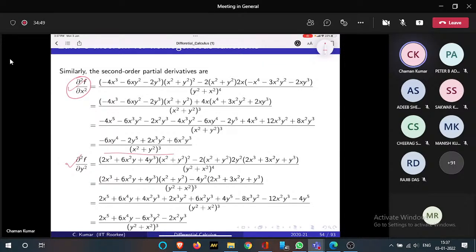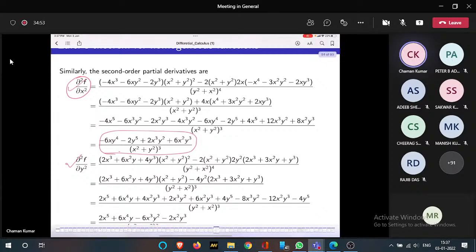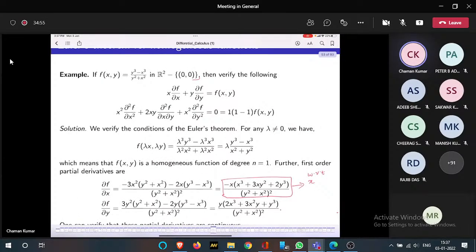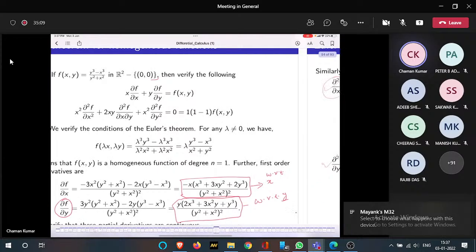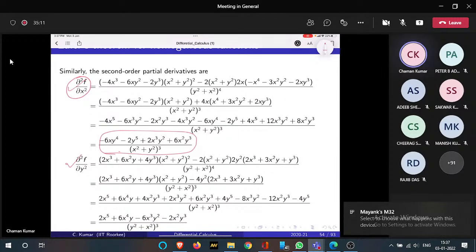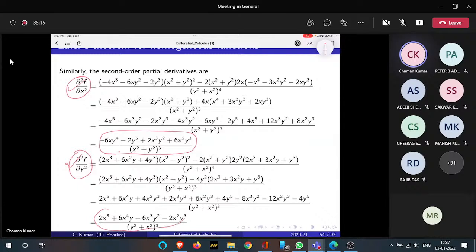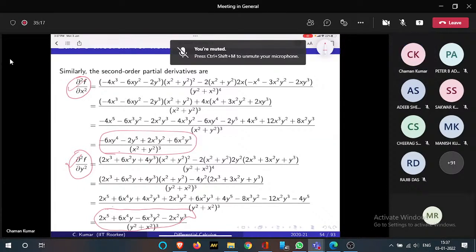So after simplification, you will get this one. Similarly, you have the partial derivative of f with respect to y is this one. When you differentiate this with respect to y, you get the second order partial derivative, which comes out to be this. Okay.